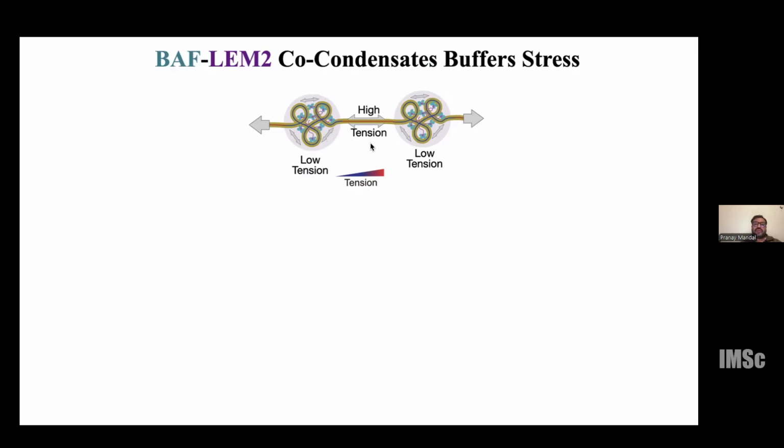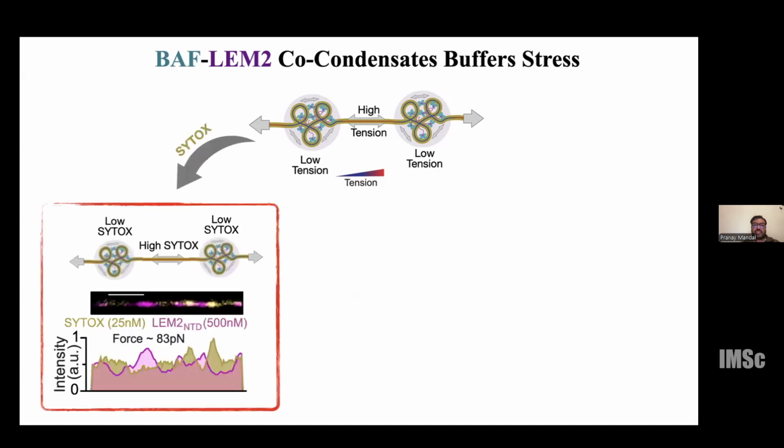We checked this using SYTOX as an intercalating dye, and SYTOX is also a force sensor. What we and other people have seen is that this dye is recruited more to the DNA when the DNA is more stressed.